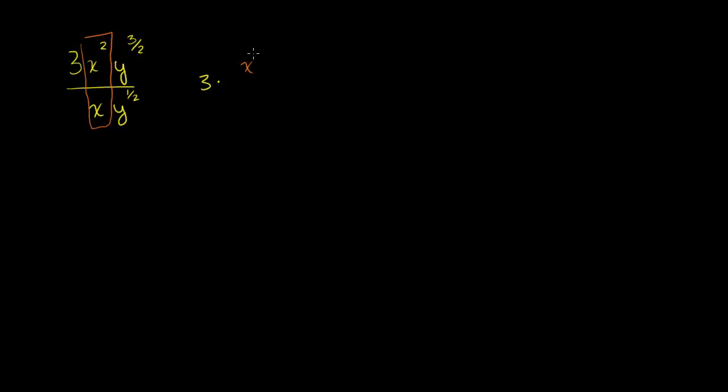So 3 times x squared over x times y to the 3/2 over y to the 1/2. Well, this is going to be equal to 3 times, what's x squared over x? Or x squared over x to the 1st power. Well, that's going to be equal to x to the 2 minus 1. And then this is going to be times y to the 3/2 minus 1/2.